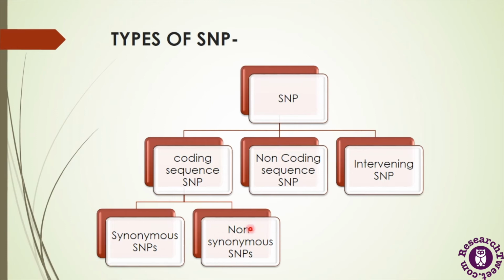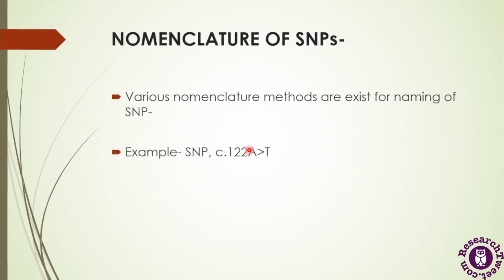Non-synonymous SNPs have the ability to change the amino acid of proteins, because these sequences are responsible for translation, or protein synthesis, in the cell. The third type is called intervening SNPs, which are found in the intervening regions of a particular gene.